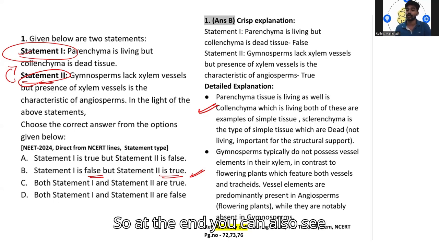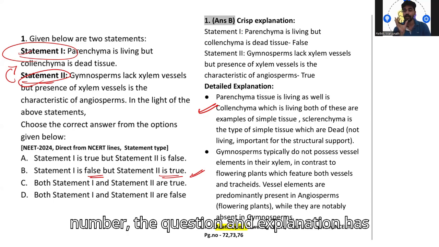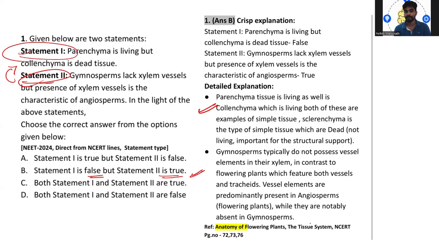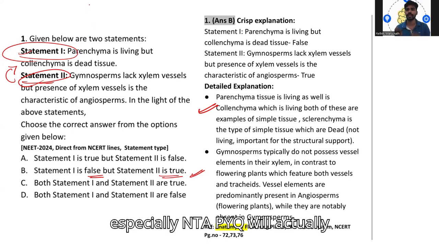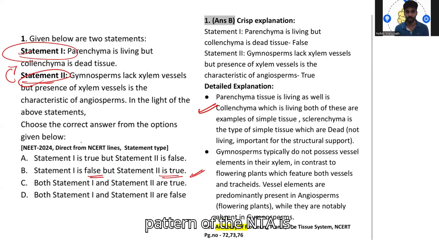At the end, you can also see which chapter, which topic, what kind of statement it is, and from which page number the question and explanation have been taken. Having a PYQ, especially NTA PYQ, will boost your confidence to know how the preparation is and how the question pattern of the NTA is.